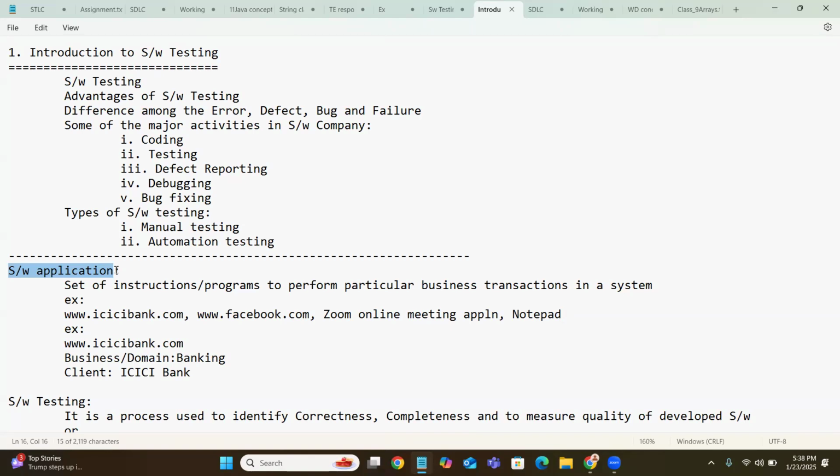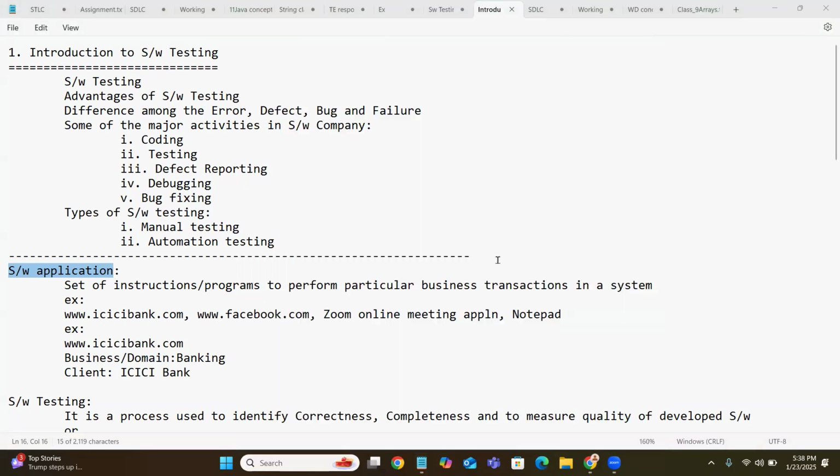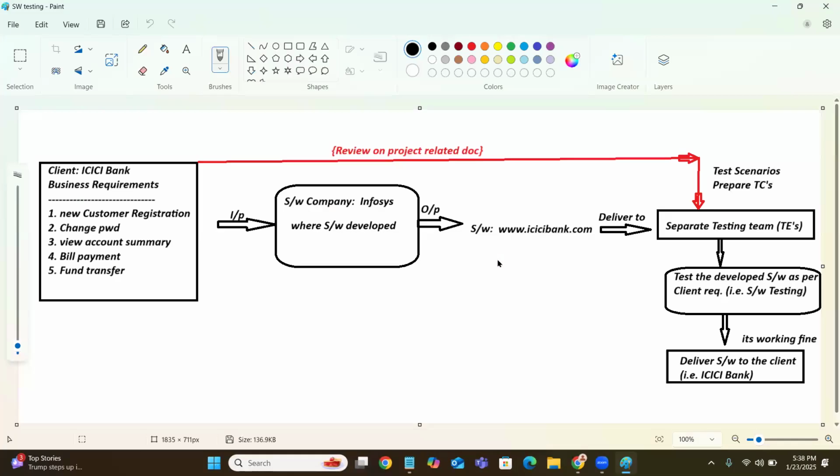Now, yesterday I showed you one diagram about software testing.